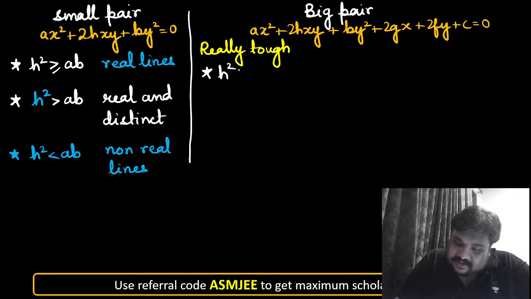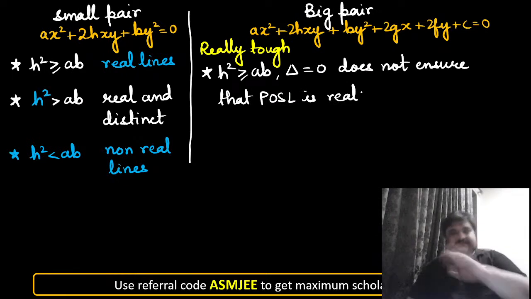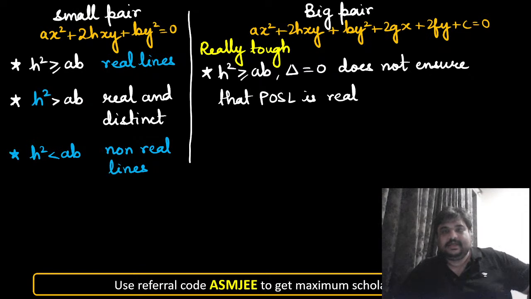This does not ensure that a pair of straight lines is real. This does not ensure.